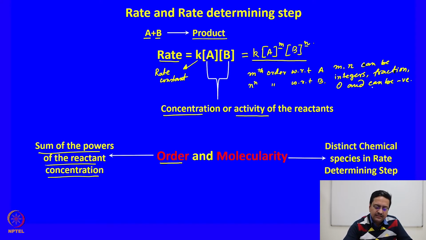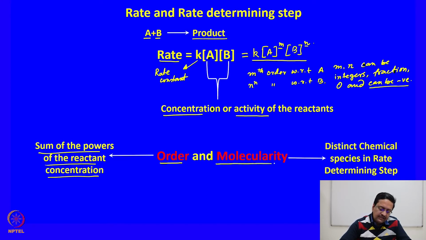This happens in the case of radical reactions using HBr. So, when we talk about the order of a reaction, we are talking about those powers that are raised while writing the expression of a rate.